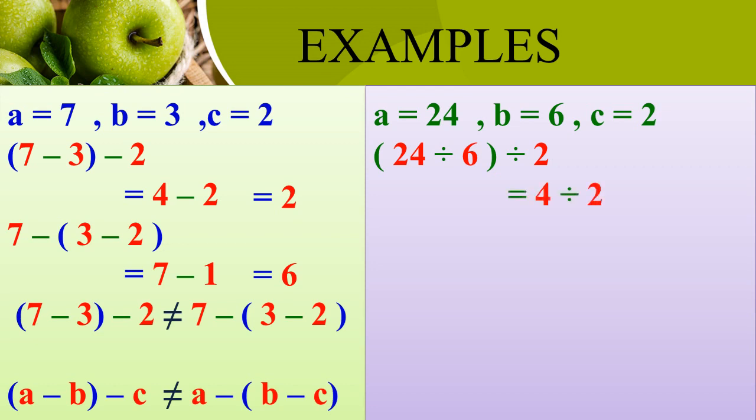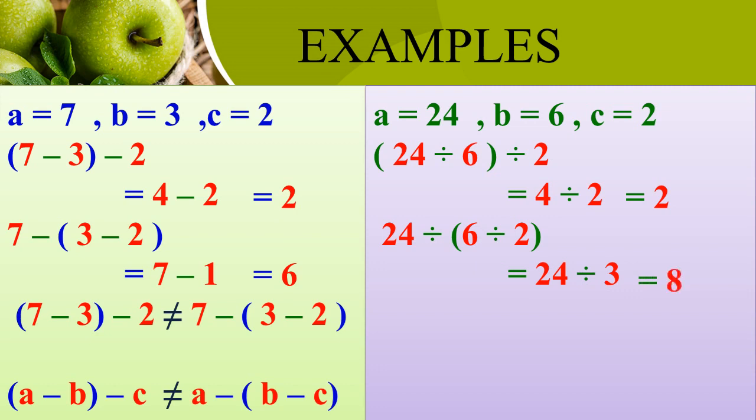That is, 24 divided by 6 equal to 4. 4 divided by 2 equal to 2. Next, first we want to divide 6 and 2 and then divide by 24. Therefore, 6 divided by 2 equal to 3. Therefore, 24 divided by 3 equal to 8.